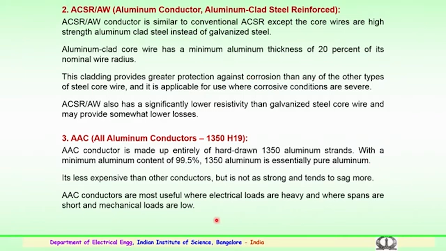So, AAC conductors are most useful where electrical loads are heavy, that is high electrical power, and where spans are short, that is tower to tower distances are short, and mechanical loads are low. In such cases AAC conductors are used for transmission or distribution network systems.